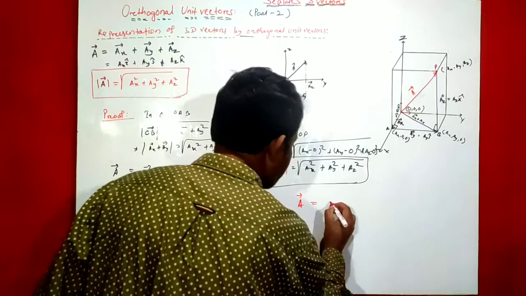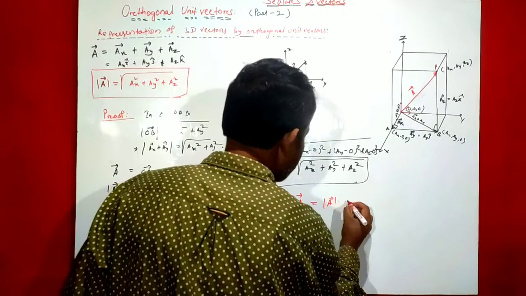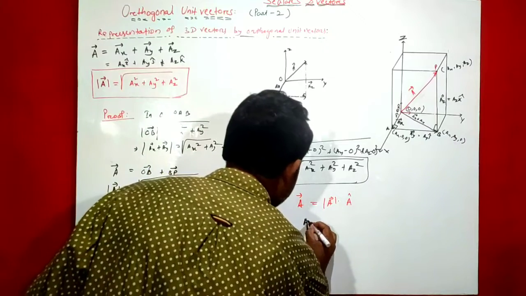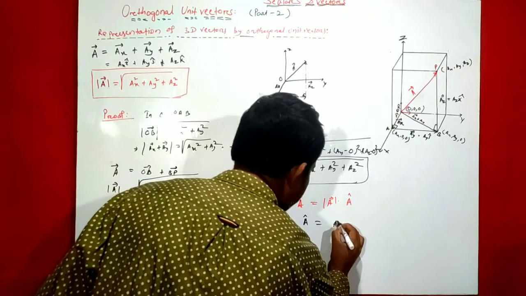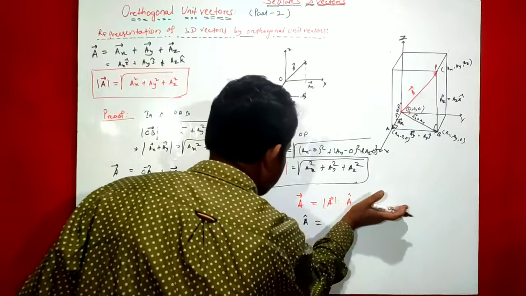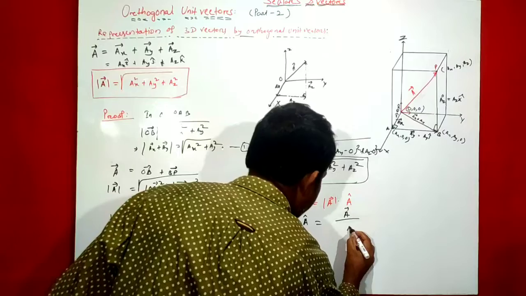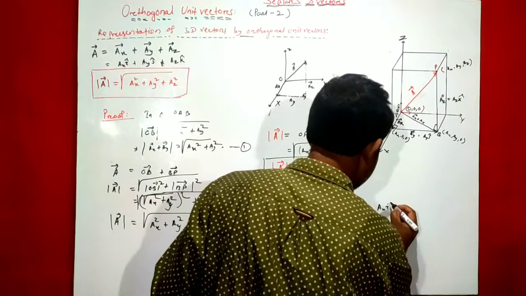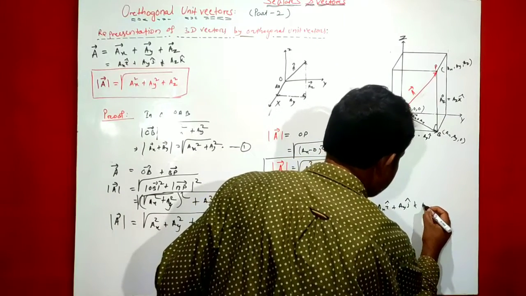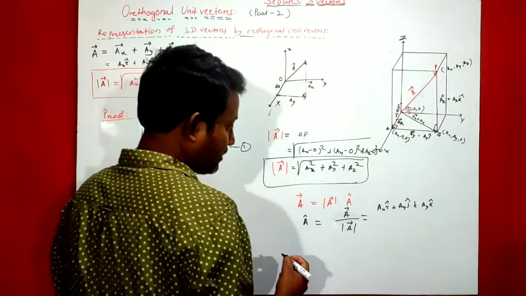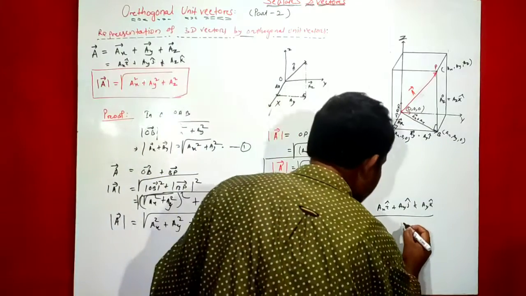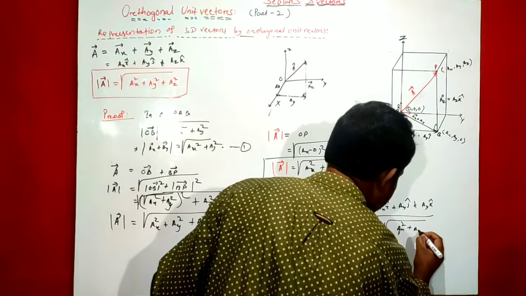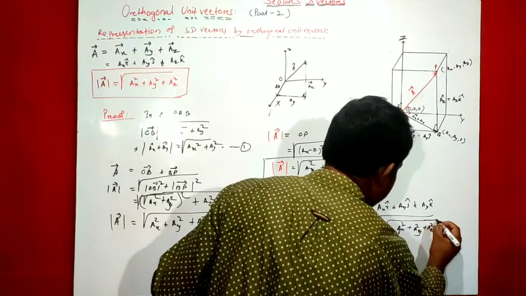You know that when we express the magnitude of A into A cap, that means A cap is equal to A vector by magnitude of A. A vector is equal to AX I cap plus AY J cap plus AZ K cap, by the magnitude of A, which is the square root of AX square plus AY square plus AZ square.